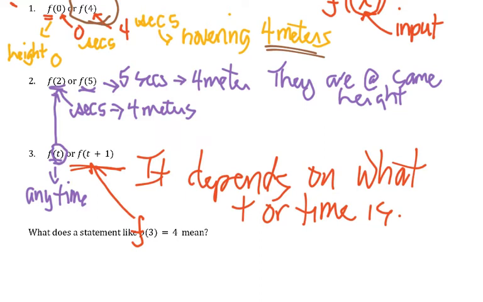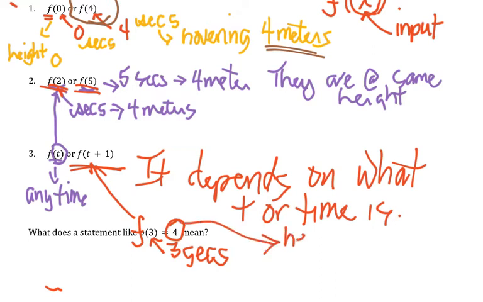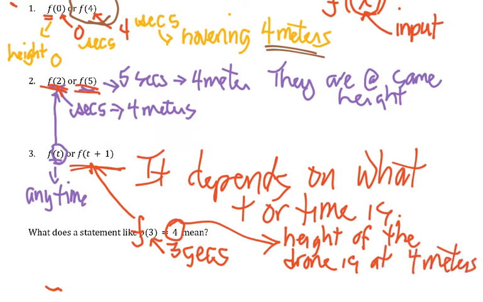What did F of 2 mean? What did F of 5 mean? It meant, remember, this is 3 seconds. So at 3 seconds, it's telling me that it's equal to 4. Well, F of 3 means at 3 seconds, the height of the drone is at 4 meters. So that is what the function told me.